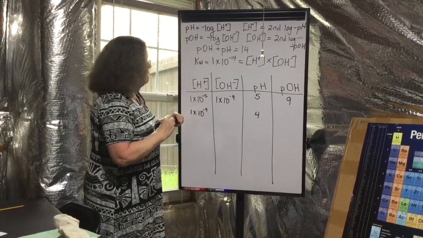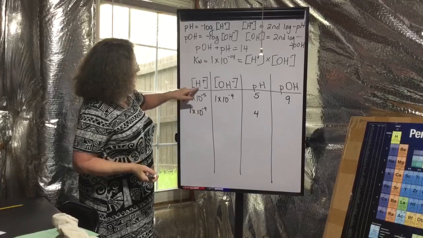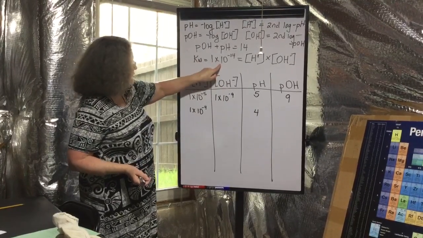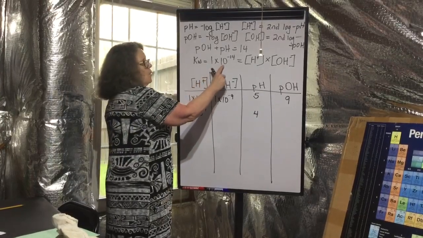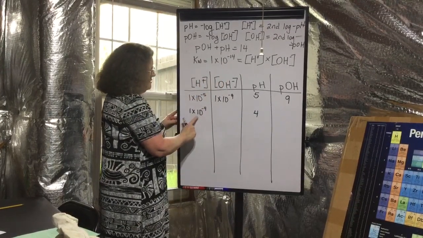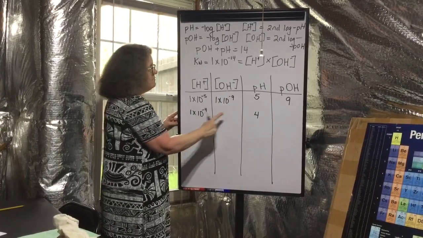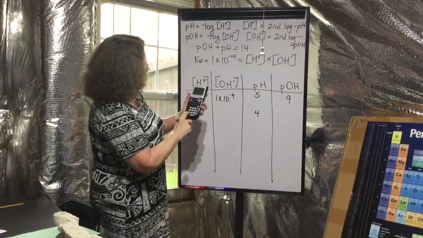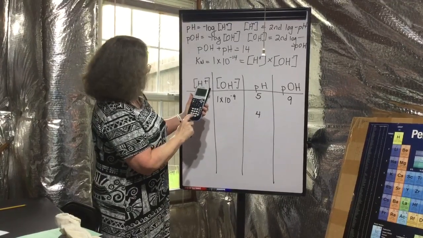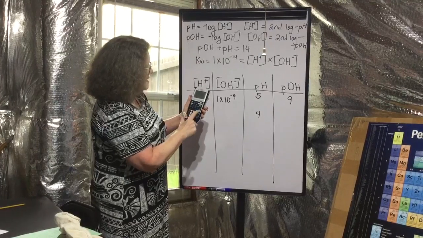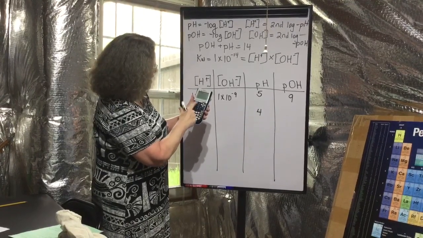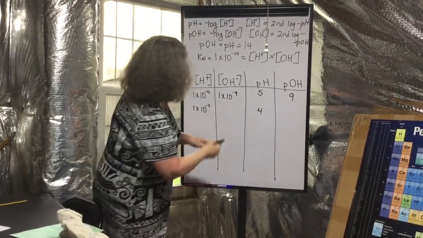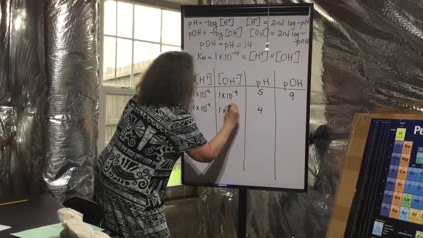Now, I know that hydrogen times hydroxide is Kw, 1 times 10 to the negative 14th. That means 1 times 10 to the negative 14th divided by 1 times 10 to the negative 4th will give me hydroxide. Let's do that on the calculator. So I do 1 exponent negative 14 divided by 1 exponent negative 4, enter. I'm going to get 1 times 10 to the negative 10th.